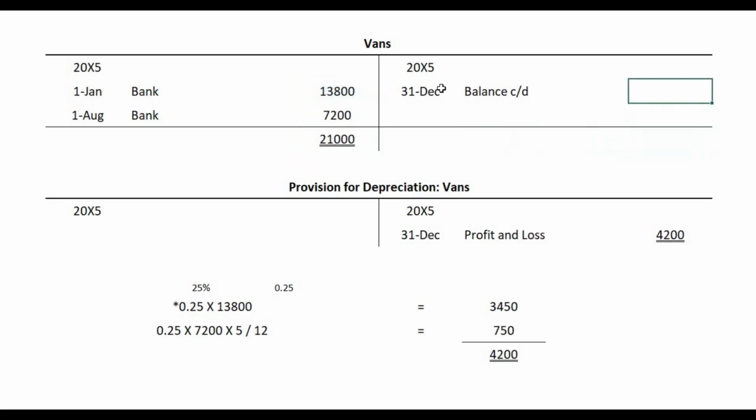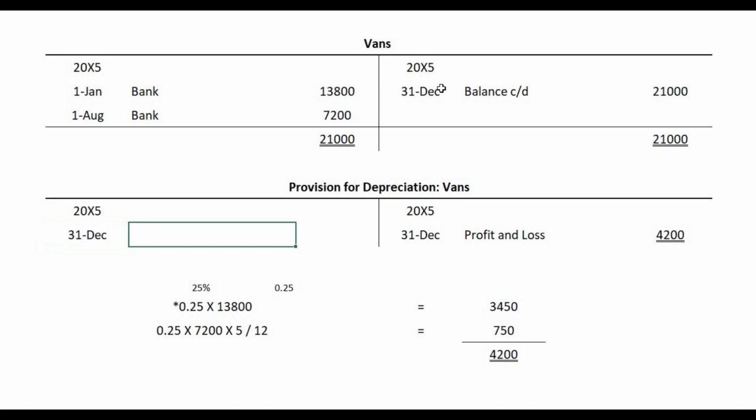So the balance will be £21,000. Same goes with the provision for depreciation. 31st of December, balance carried down, £4,200.